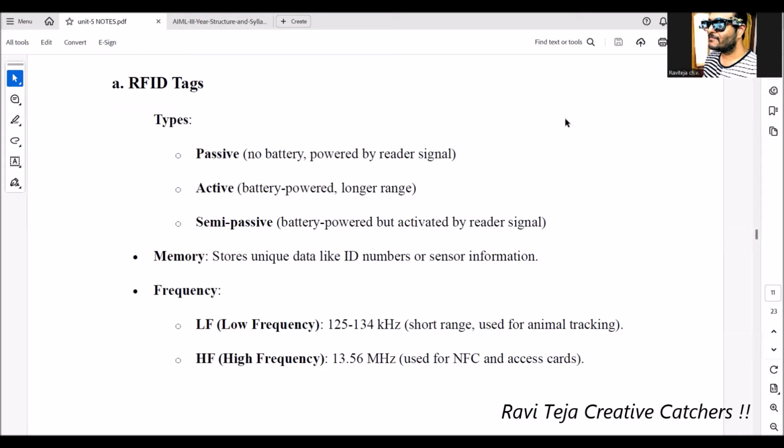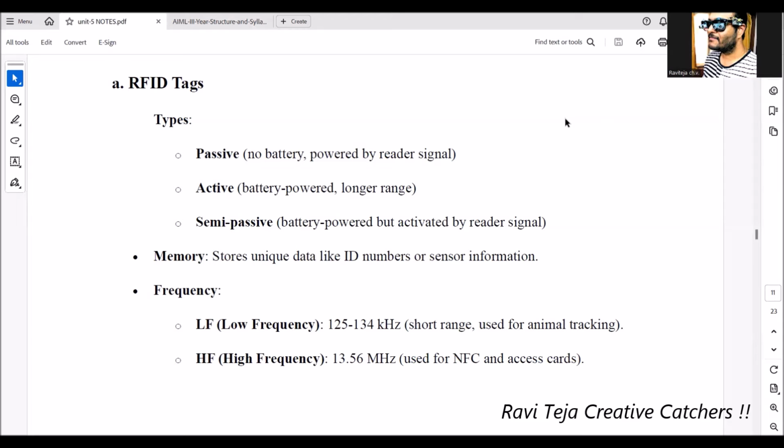Coming to its frequency, as we have already learned, it comes in low frequency. The low frequency range is like 125 to 134 kilohertz. It is short range, used for animal tracking or ID card applications.